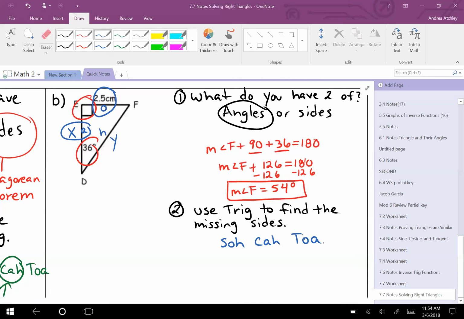Ramiz, which trig function would we use then? I'm using the side I have, which is the opposite, and the side I'm looking for is X, the adjacent. So which one uses O and A? TOA, which is tangent.